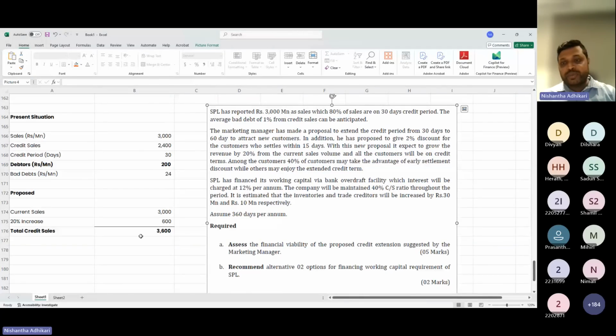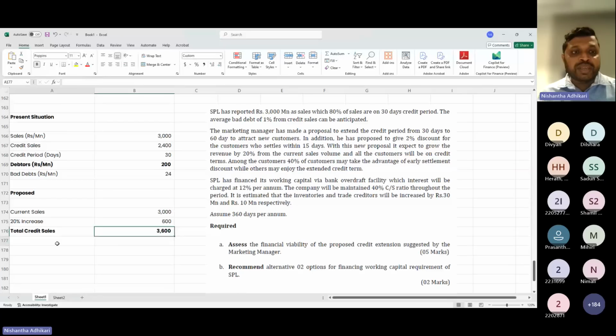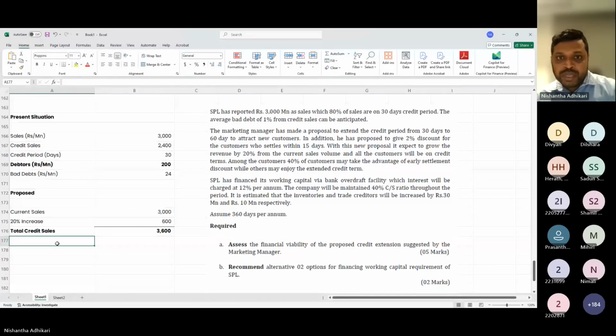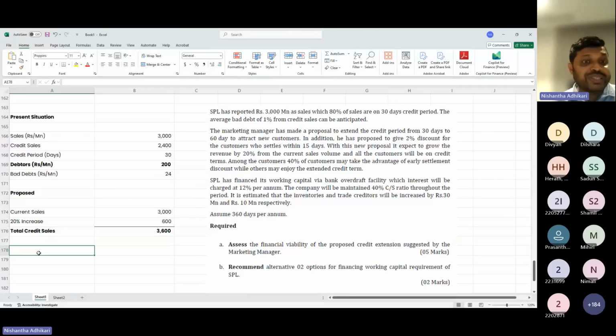Therefore, total credit sales will be 3,600 million. And then among the customers, 40% of customers may take the advantage of early settlement discount, while others may enjoy the extended credit terms. That means 40% of customers will settle early, that means within 15 days.